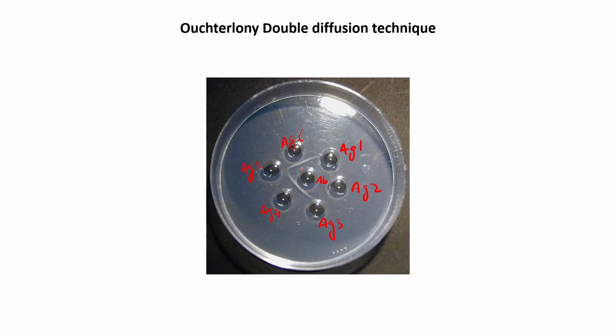Since this is an agar plate, whatever liquid I am putting, these antibodies and antigens can diffuse radially in the plate. So the antigens are diffusing from these wells, the antibody is also diffusing out of this well.